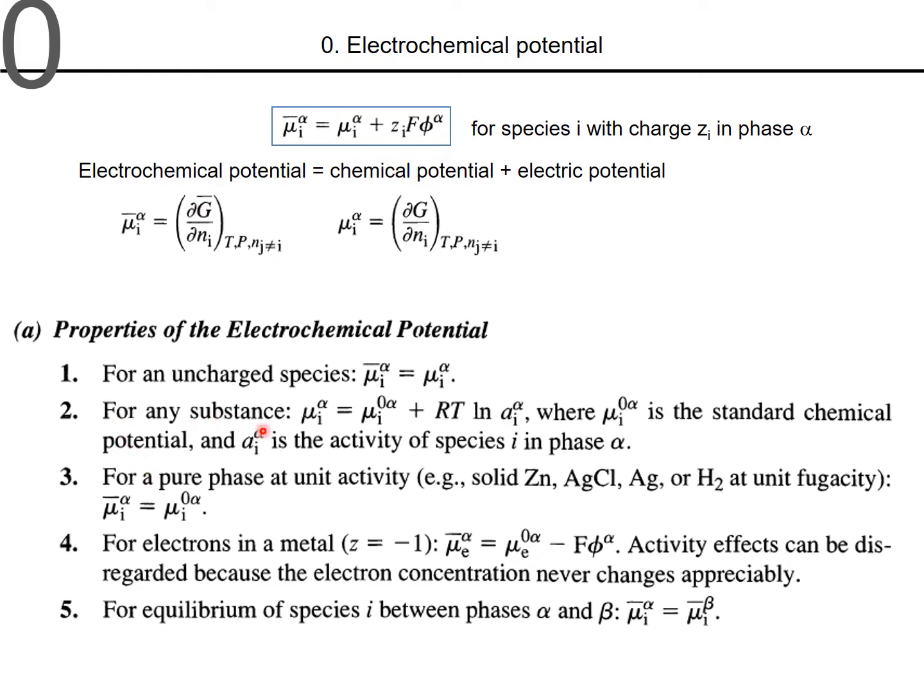For any substance, chemical potential is equal to the standard chemical potential plus RT ln the activity of the corresponding species. This equation is the same as the Gibbs free energy. When you derive the Nernst equation, we start with this equation: Gibbs free energy is equal to standard Gibbs free energy plus RT ln activity. So it is almost the same, because chemical potential is a kind of molar Gibbs free energy.